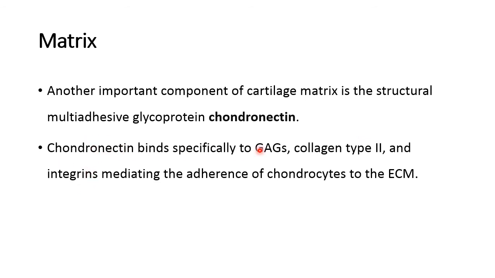So chondronectin binds to glycosaminoglycans, collagen type 2, and integrins, mediating the adherence of chondrocytes to the extracellular matrix. هو ده اللي بيربط لنا الكوندروسايتس للإكستراسيلولار ماتريكس, chondronectin, because it binds to glycosaminoglycans, to collagen type 2 and to integrins.